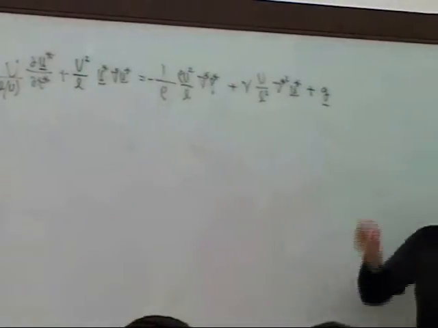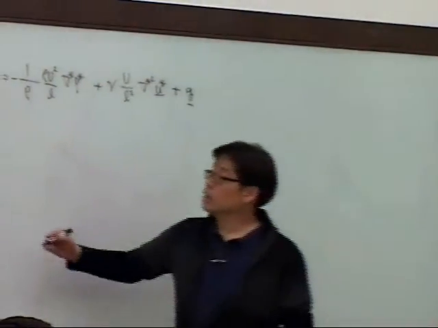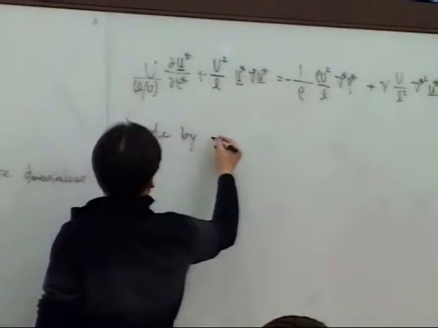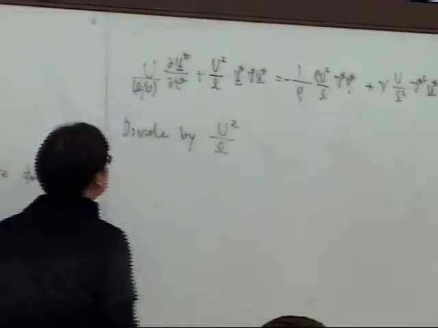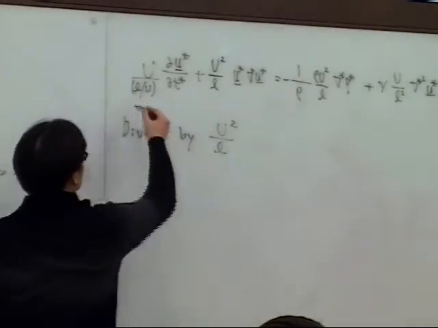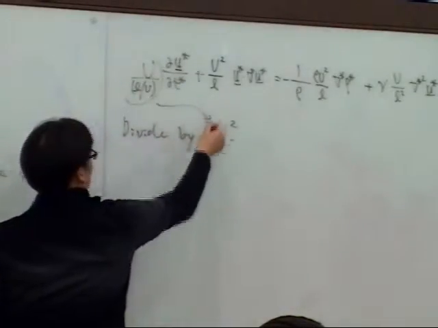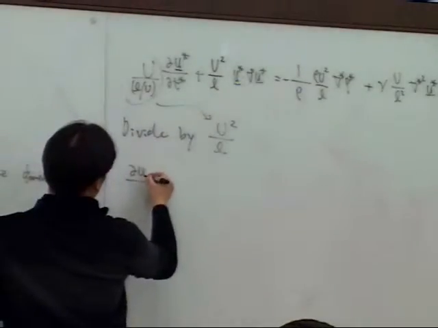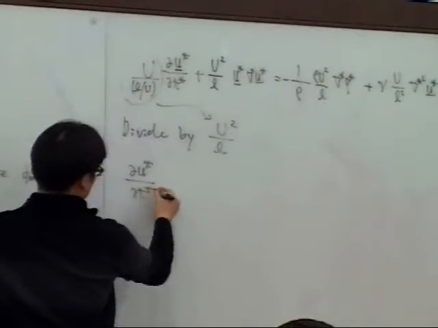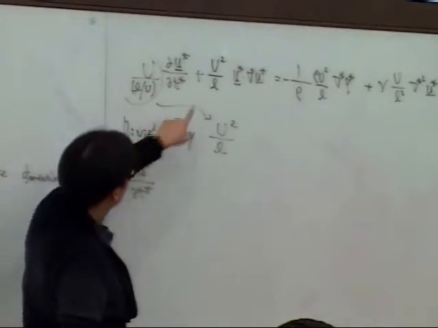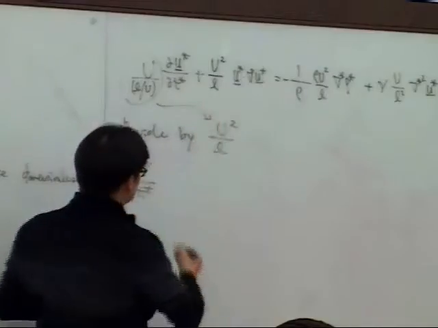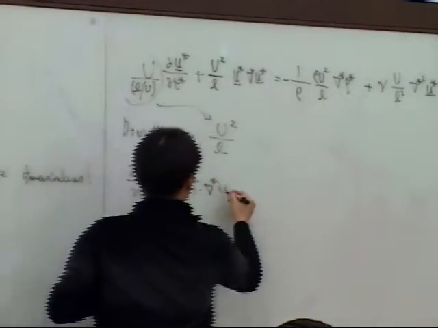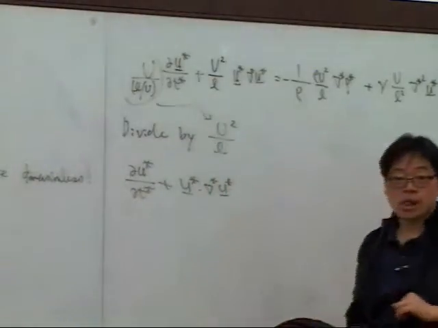So then I divide by U squared divided by L. So this is nothing but this. Okay. And then I end up with this guy. This is the same. Right?